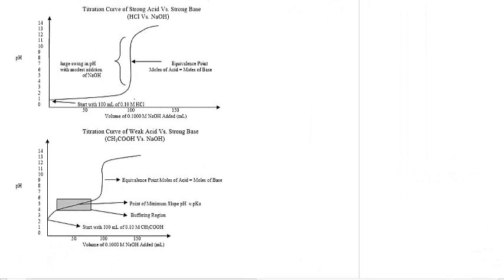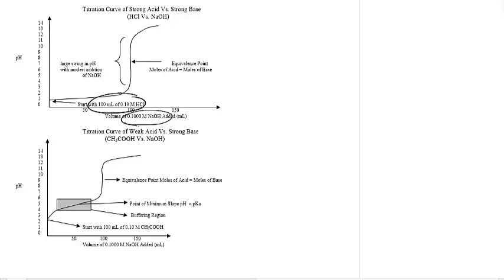In this next video, we want to take a look at how we are able to calculate the pH of the starting point. If we take a look at the strong acid versus the strong base, you will note that we are titrating 100 mL of a 0.1 molar HCl versus 0.1 molar NaOH.